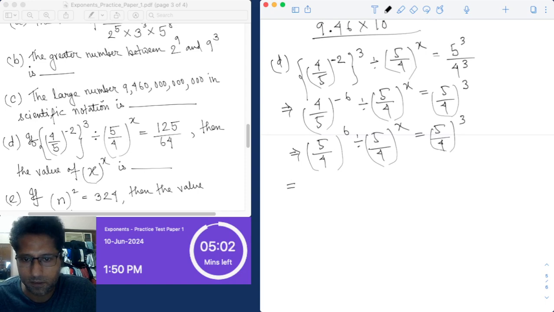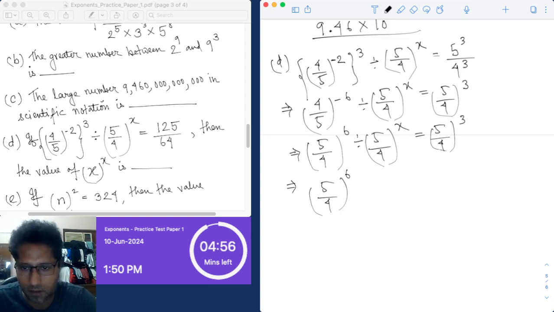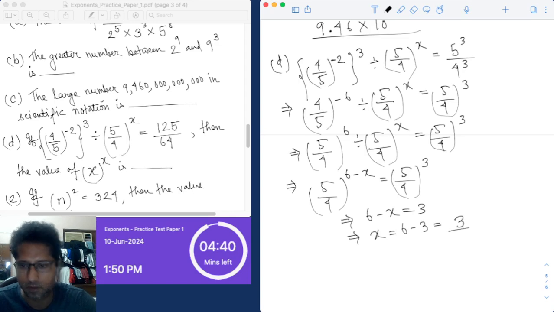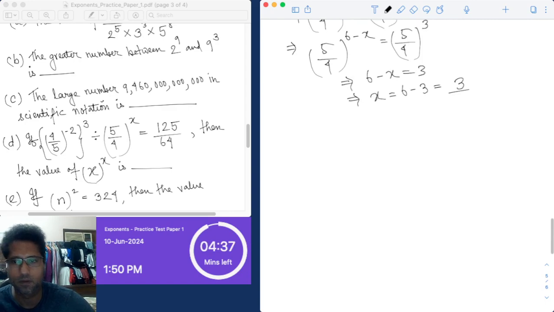This implies 5 by 4, if we consider 6 is greater than x, then (5 by 4) to the power 6 minus x equals (5 by 4) to the power 3. This implies 6 minus x equals 3. This implies x equals 6 minus 3 equals 3 is the answer. Okay.